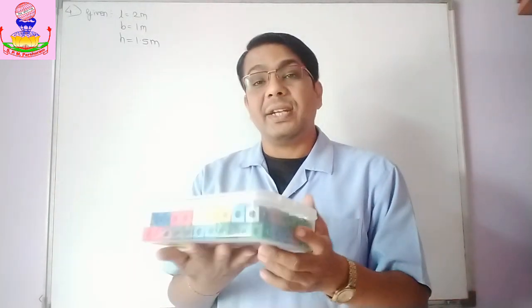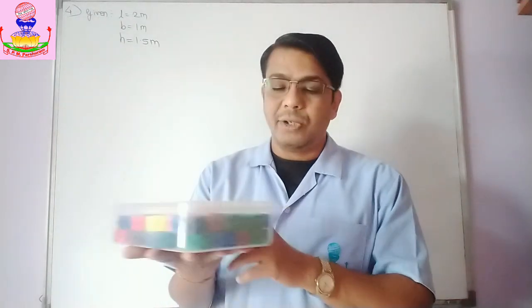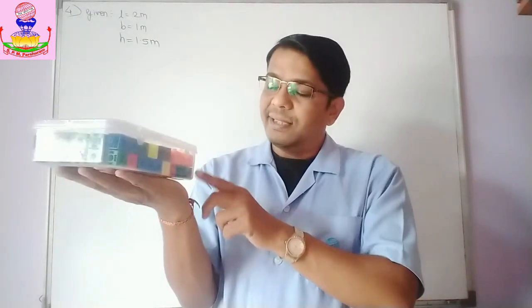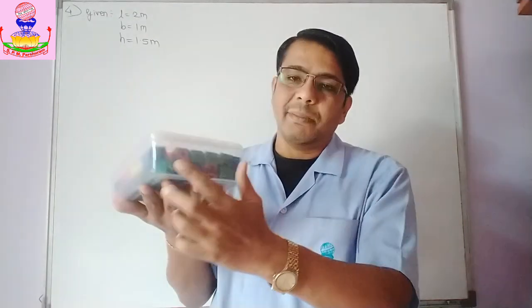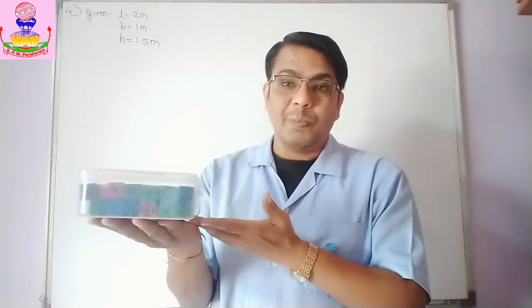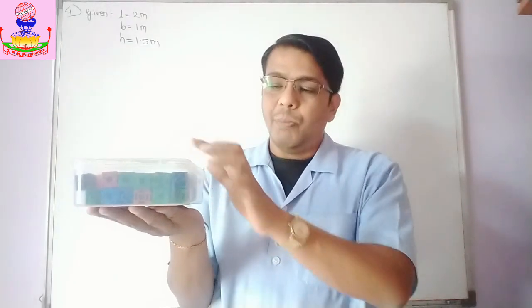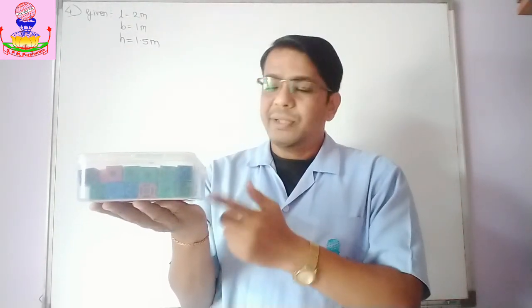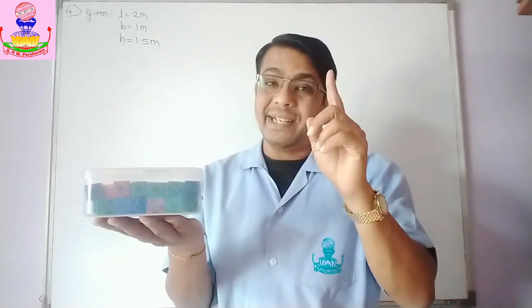So the part which is painted, the area to be painted, how we can find it out? See here, this is the length, this is the height, and this is the breadth. So bottom is not painted, only top is painted. Now bottom and top, they are same. So L into B, only one time.